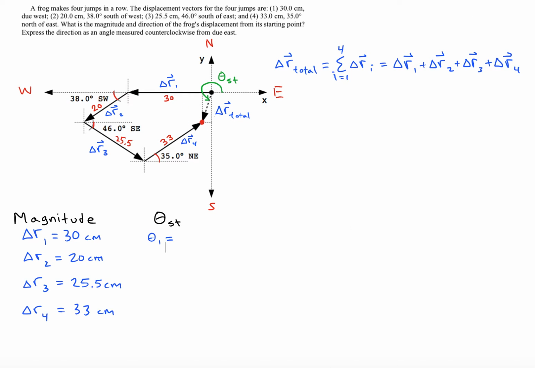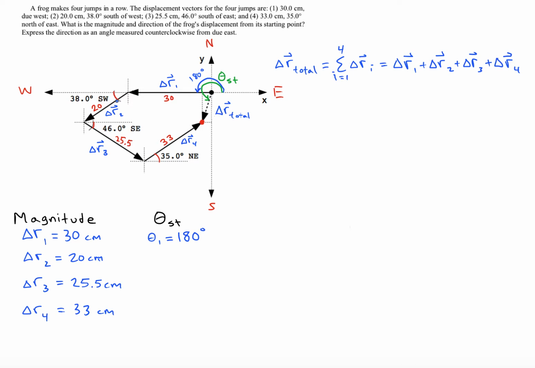Now this vector points directly in the negative x direction. So how much rotation has there been from the positive x direction? Well, if you measure it counterclockwise from the positive x direction, you can see that it goes halfway around the circle. That's a 180 degree standard position angle. So let's put that in.